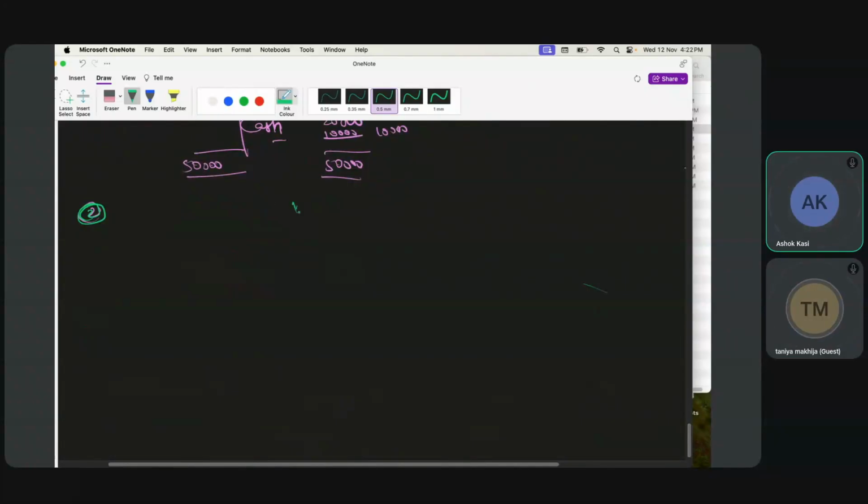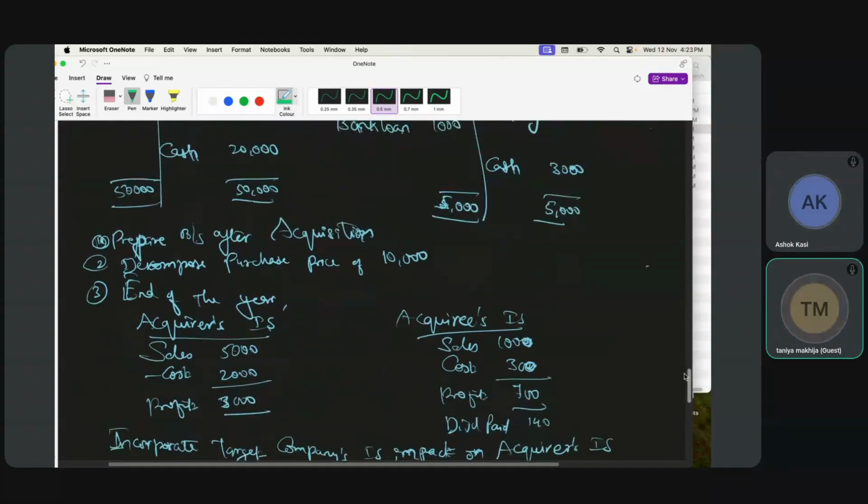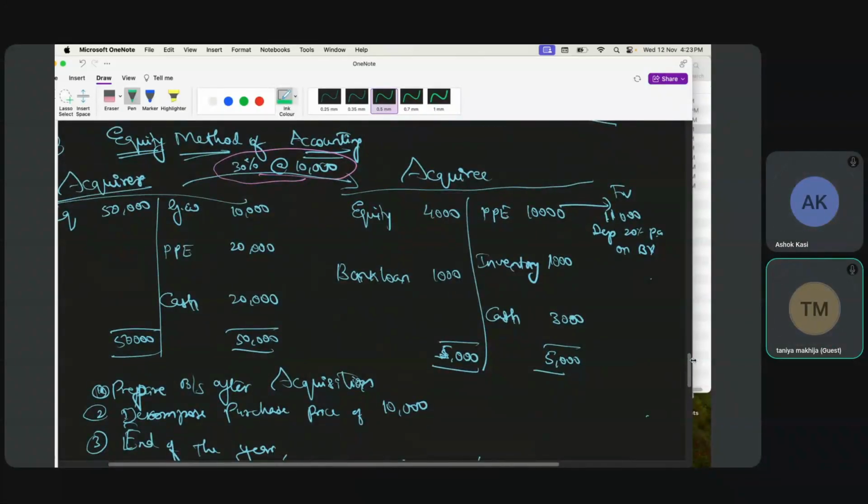The 10,000 can be categorized into three parts: book value of net identifiable assets, excess over book value, and goodwill. For the book value of net identifiable assets, PPE is 10,000, inventory 1,000, and cash also comes in. Only goodwill will not come.